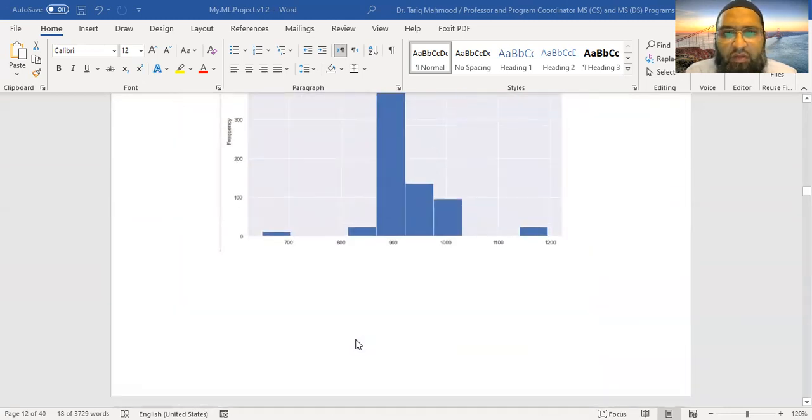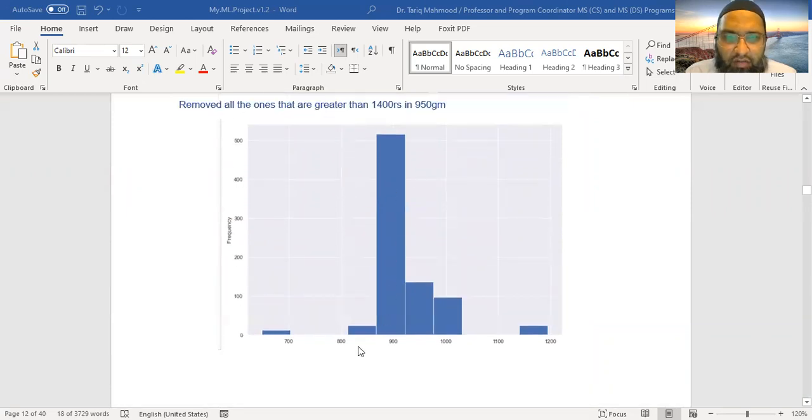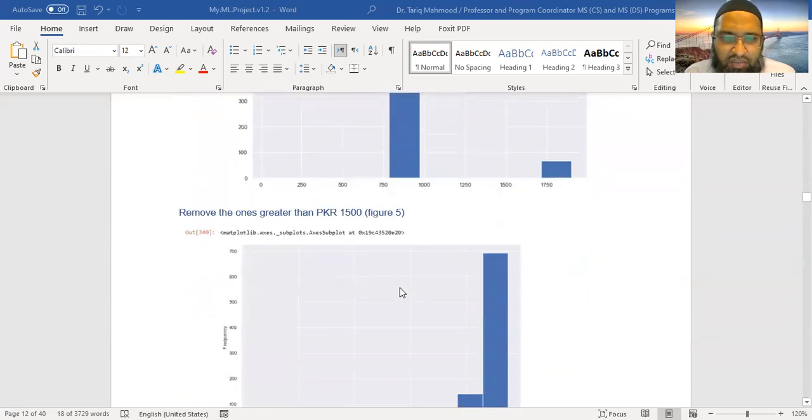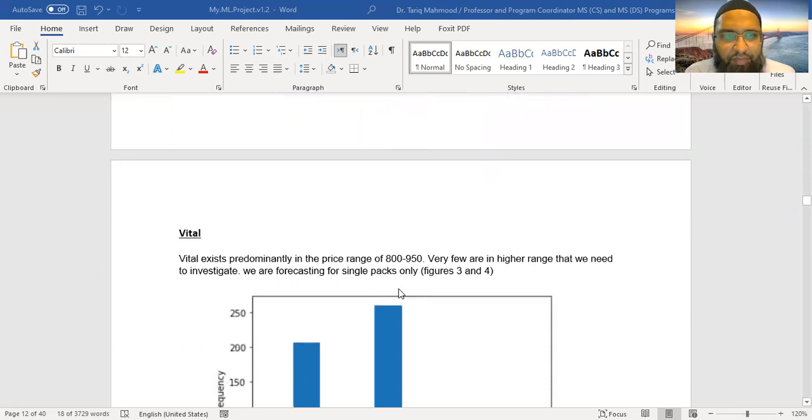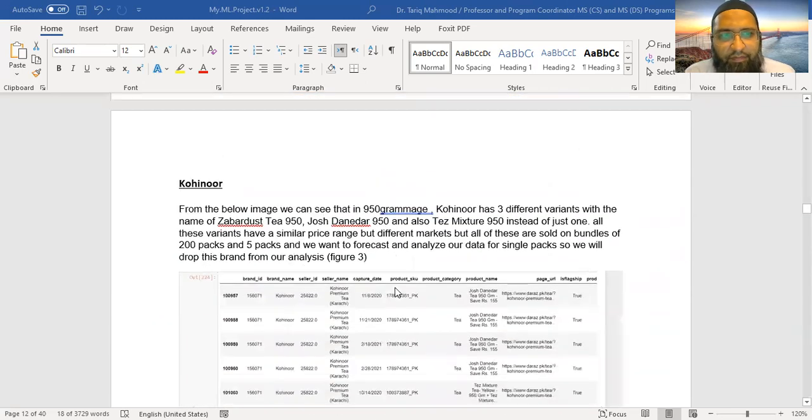You can see that that's also what's happening in Lipton, but we got these different bars together, which is making a better shape. So it might be easy to forecast on Lipton. It shows that their pricing strategy is more sophisticated as compared to the other brands right now.